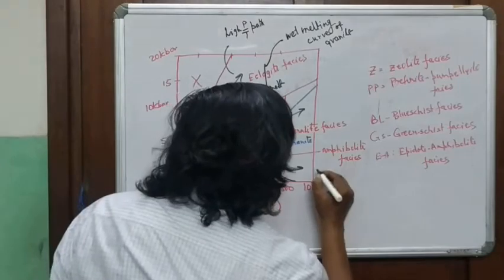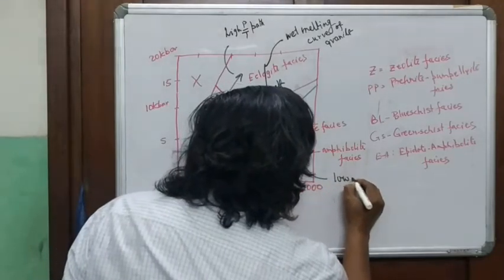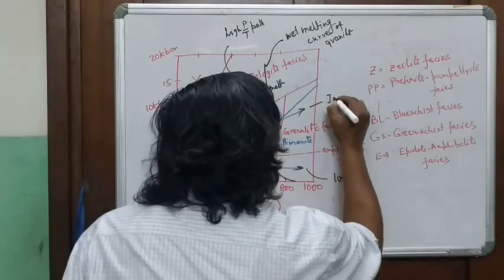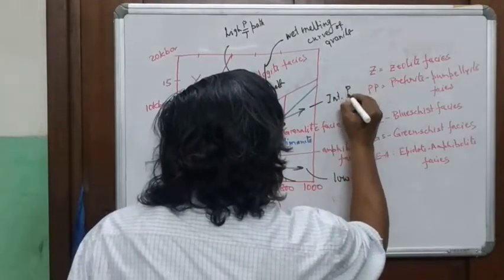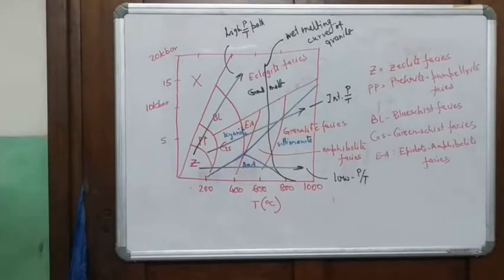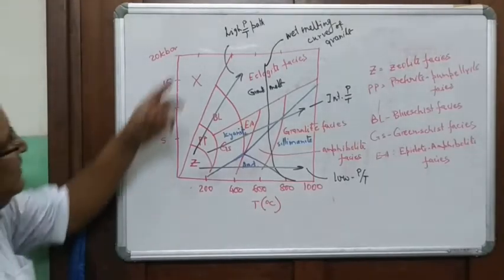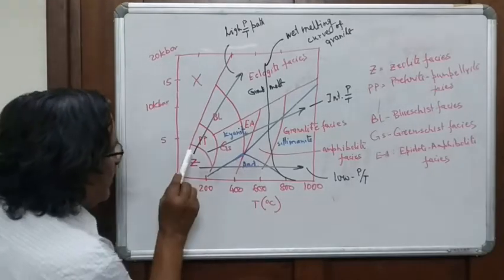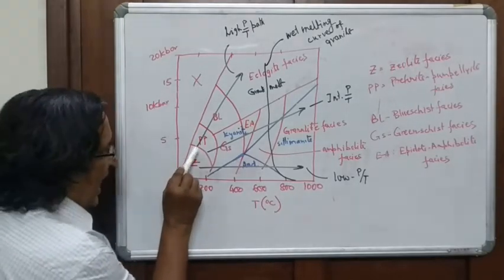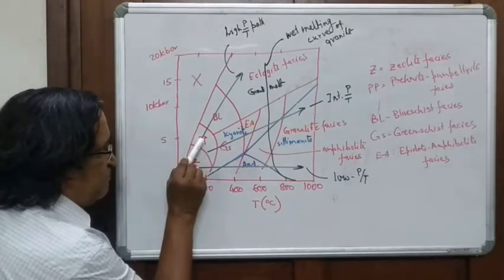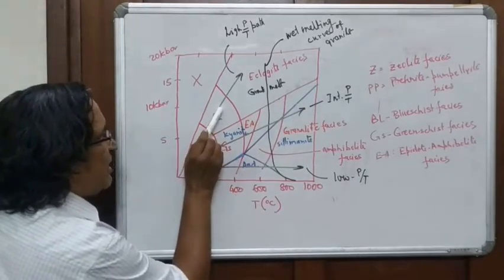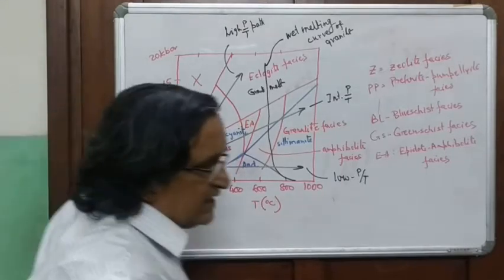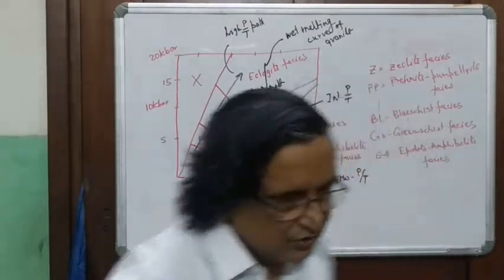This is the low P by T path, and this is the intermediate P by T path. So if you go along the high pressure path, then you will get zeolite, then prehnite-pumpellyite at greater depth, blue schist at greater depth, and at higher depth, you will get eclogite facies.